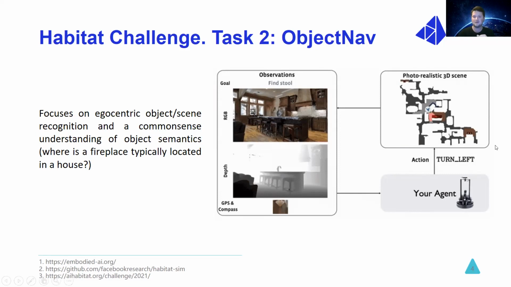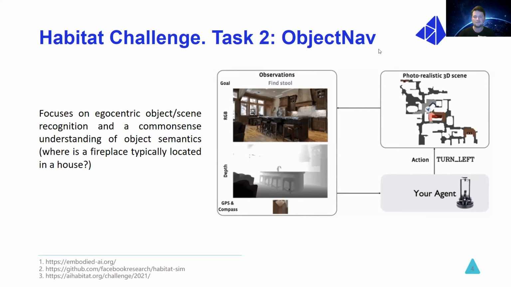In this task, the agent is placed at a random point in the scene, with random orientation, and is asked to find a specific instance of some type of object. It could be a chair, sofa, or whatever. It should find this object and navigate to it.